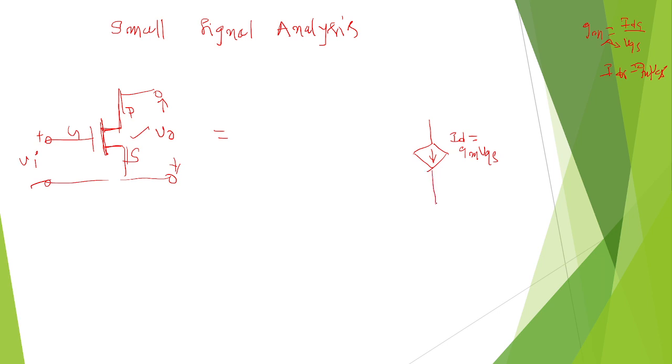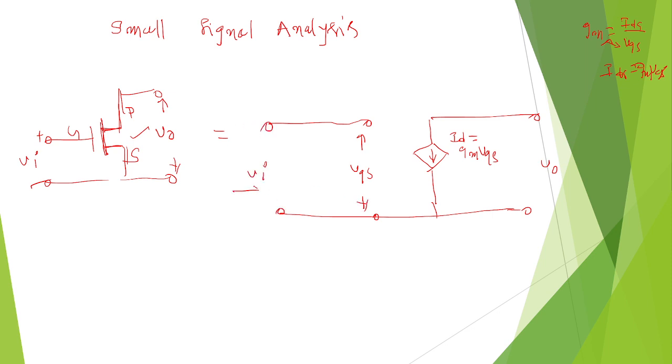Here is the input and here is the output, and the input voltage is VGS, the voltage between gate and source. This is VI. Or else the input impedance, if you want, is named ZI.